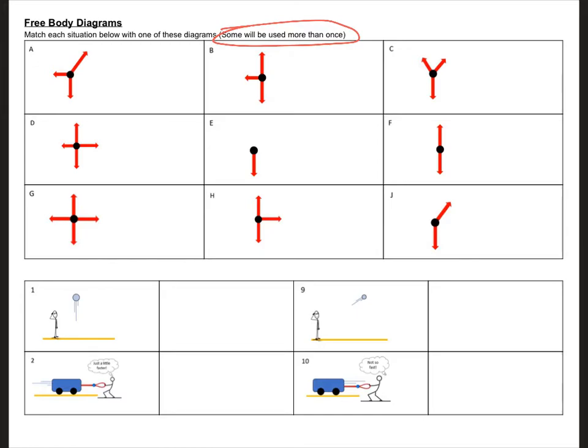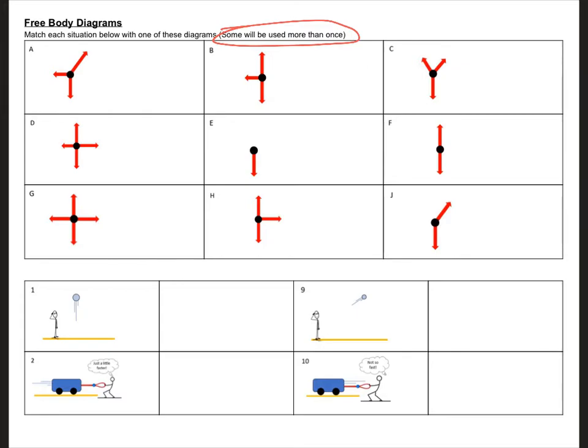So what I want us to do is, for each problem, draw the free body diagram. Don't just write the letter, actually draw it, and then label what those forces are on your diagram. So the labels are not here in the examples that we're choosing from, but I want to then list what types of forces those arrows represent.